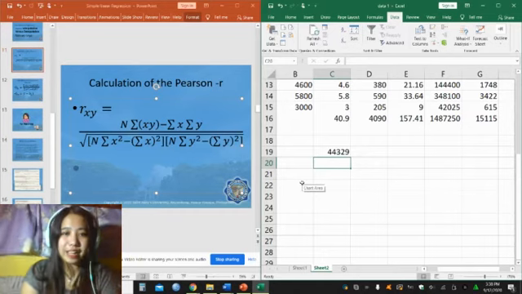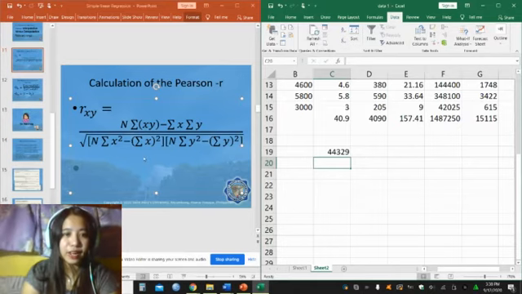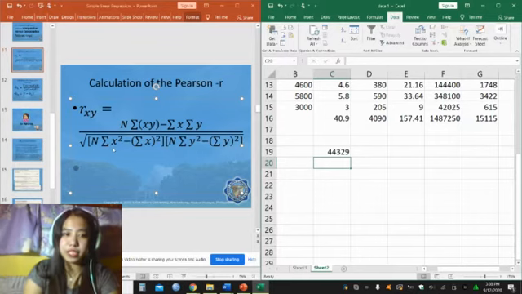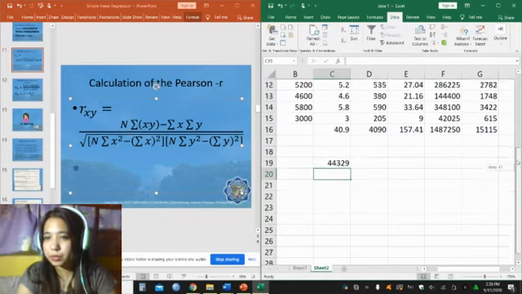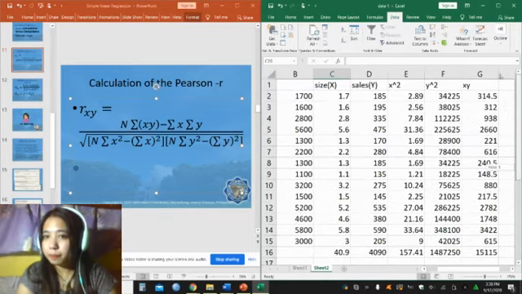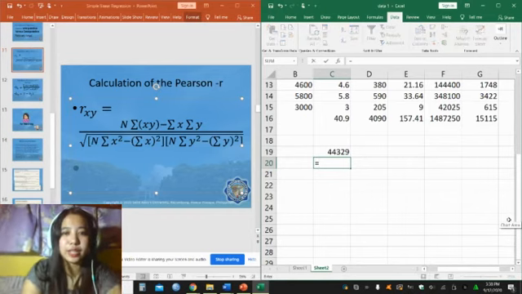How about in our denominator? For our denominator, it is the square root of the product of n multiplied by the summation of X squared minus the square of the summation of X. So we will also get that value. So equal sign. Let's not get the square root first. Let's start with the values inside.